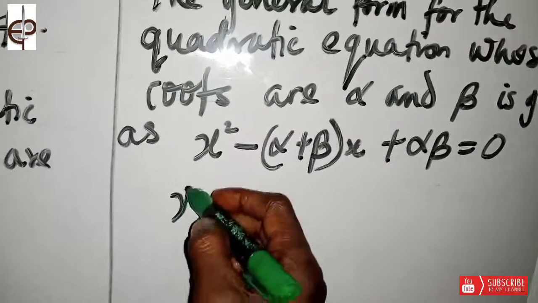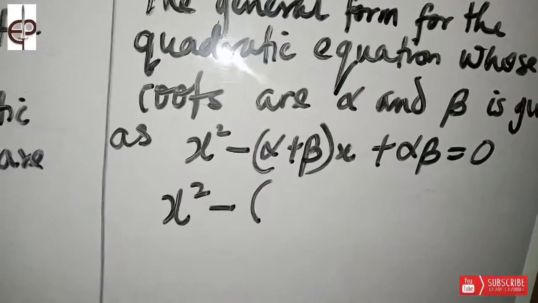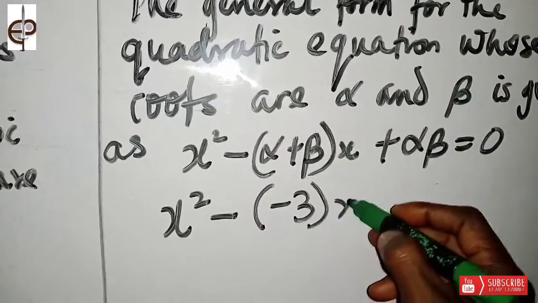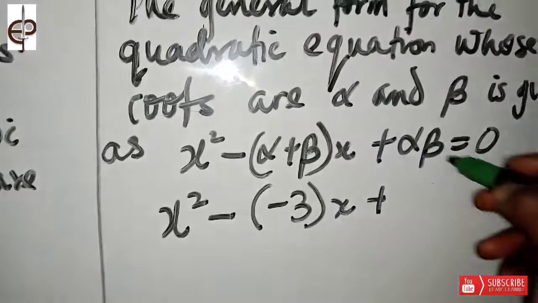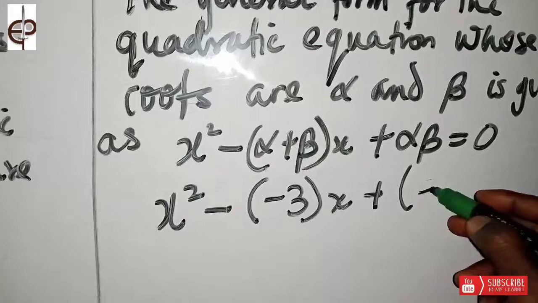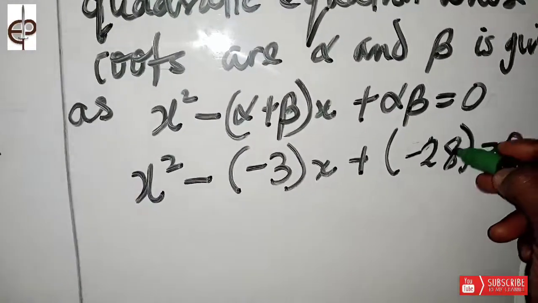So it will mean x squared minus, our alpha plus beta in this case is minus 3, so bring in minus 3x, plus alpha multiplied by beta, which is the product, which is minus 28, equal to 0.